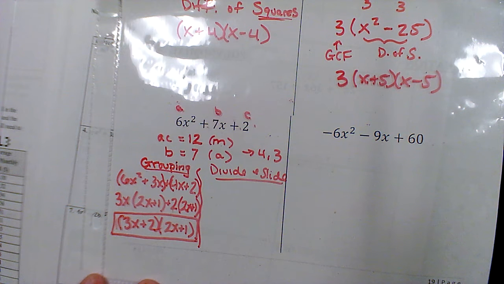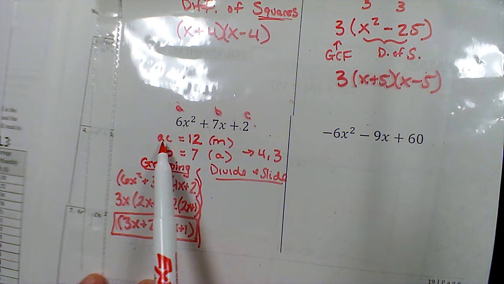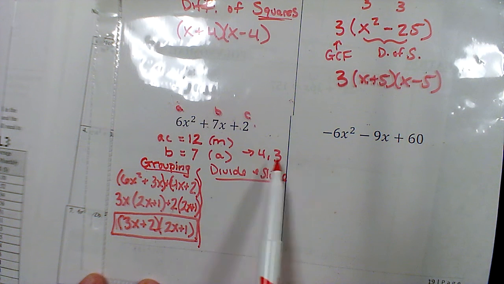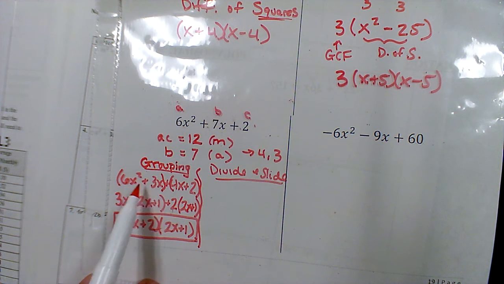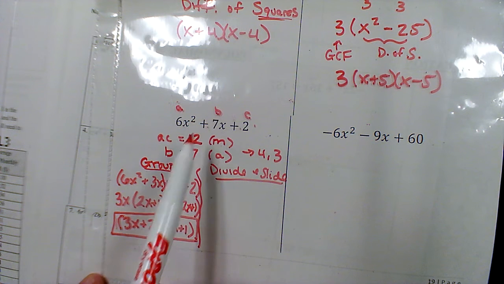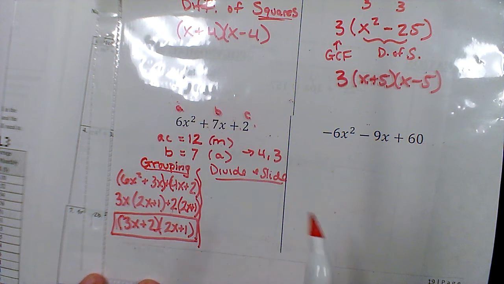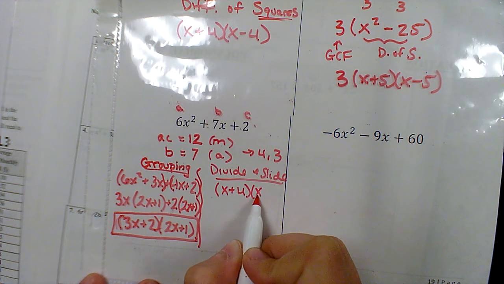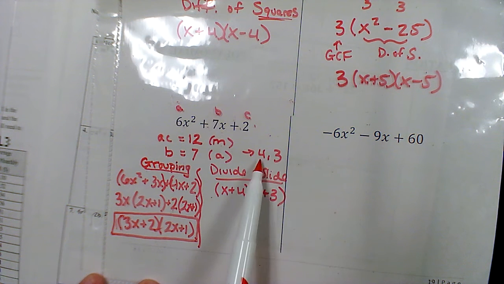Okay. So we're still starting this process out the same way. We're still doing the a times c to get 12. We're still doing the b of 7. Think of 2 numbers that multiply to 12 and add to 7: we got 4 and 3. Okay, it starts out the same way. But instead of rewriting that middle term to get 4 terms, what we're going to do is simply write x plus 4 and x plus 3 with those 2 numbers that we found.